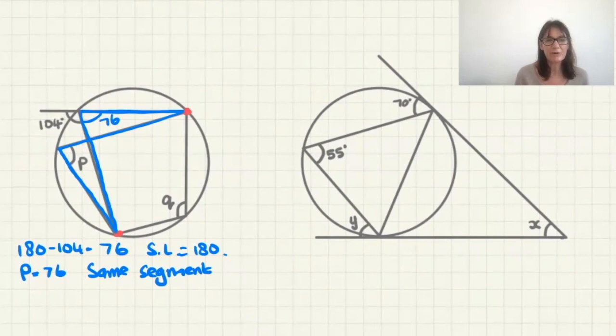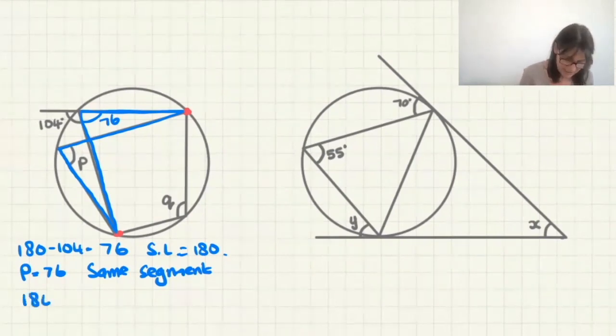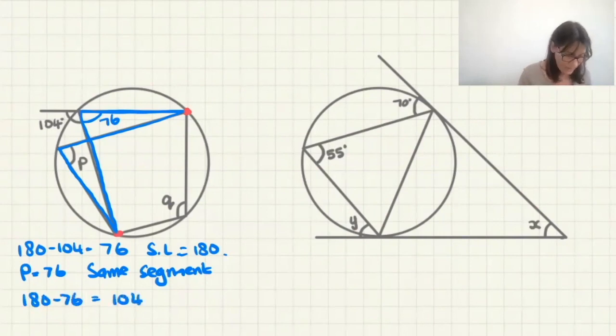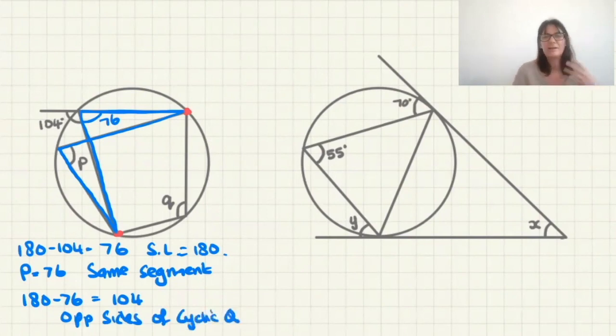Okay, and now I've got P, I can get my Q, 180, take away 76, that's equal to 104. So Q is 104 because the opposite sides of cyclic quad equal 180. All right.